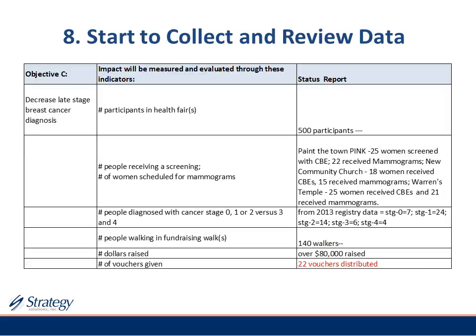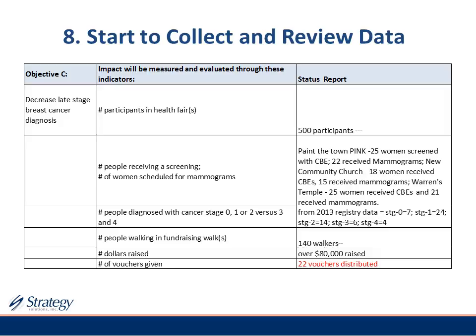Here's another example related to decreasing late-stage breast cancer. The number of participants in health fairs, the number of people receiving a screening or scheduled for mammograms, the number of people diagnosed with cancer stages.